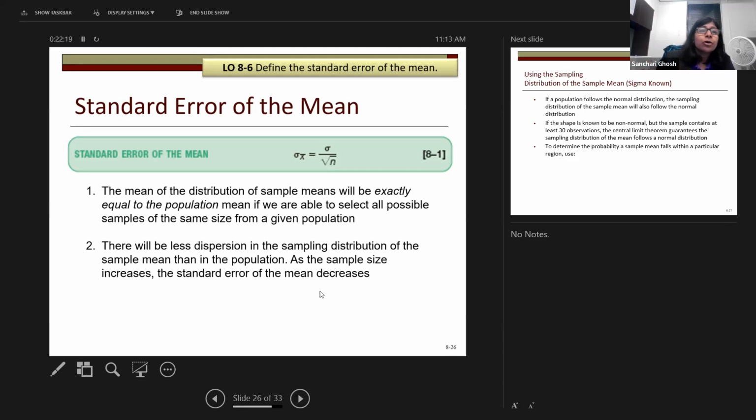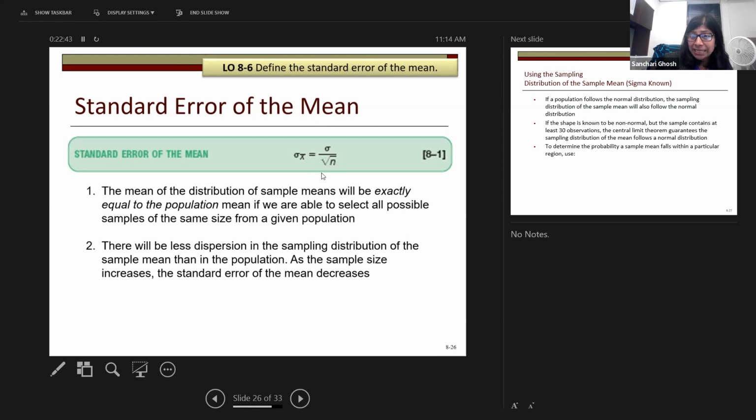Before I wrap up though, there is one thing that we will be using a lot, the standard error of the mean, which is different from our population standard deviation. The standard error of the mean is the population standard deviation divided by the square root of the sample size. There will be less dispersion in the sampling distribution of the sample mean than in the population.